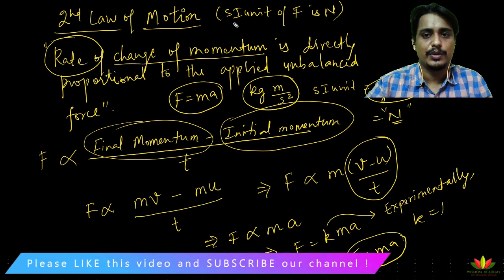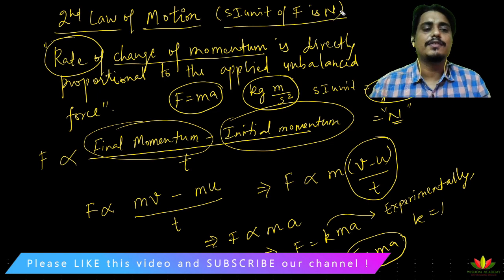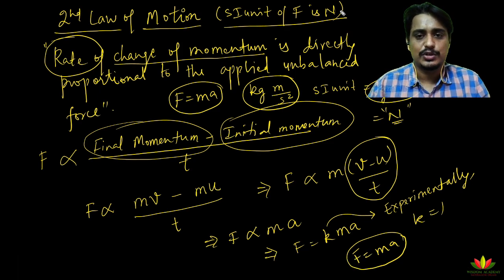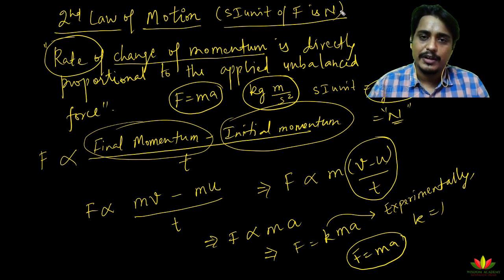So what we have understood? We have seen Newton's second law of motion. It states that rate of change of momentum is directly proportional to the applied unbalanced force. So in today's class, whatever we have seen: what is force, it is the push or a pull. Then we have seen what is unbalanced force and balanced force. Then I told you about Newton's first law of motion, which is the law of inertia.